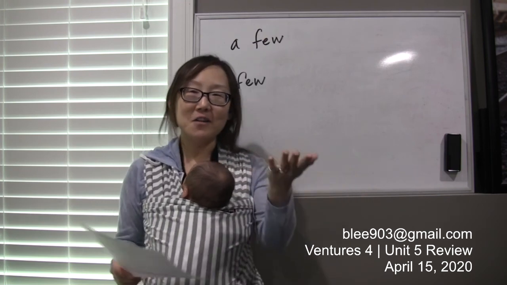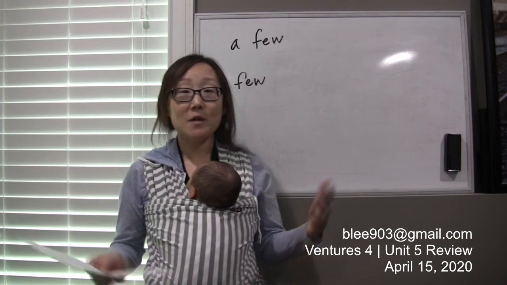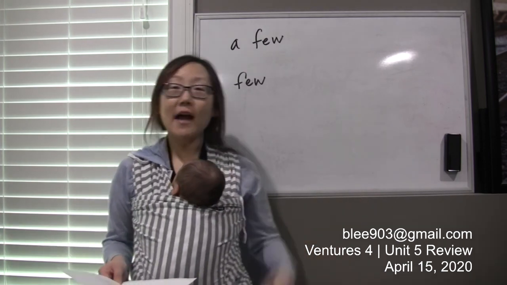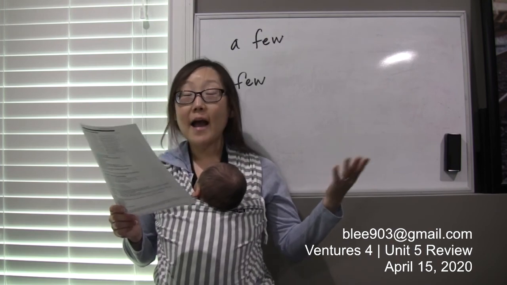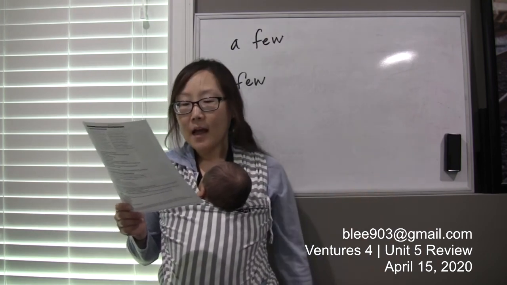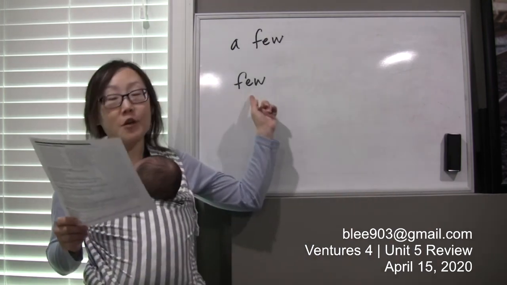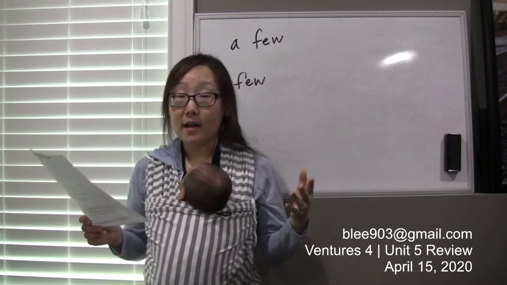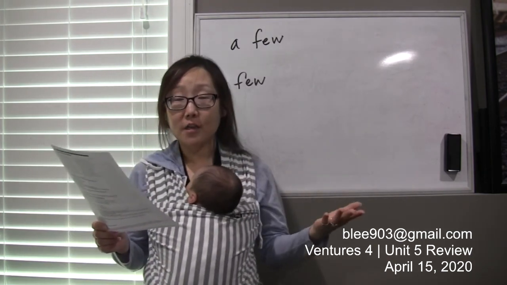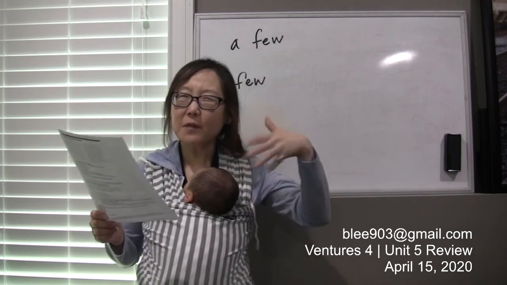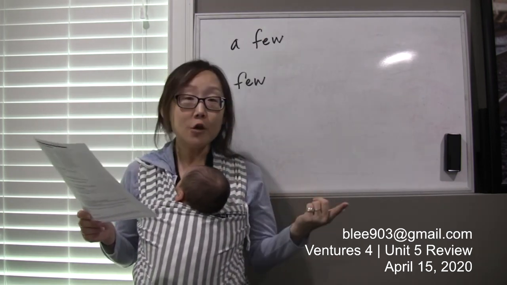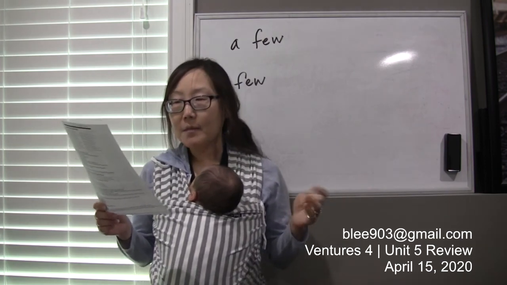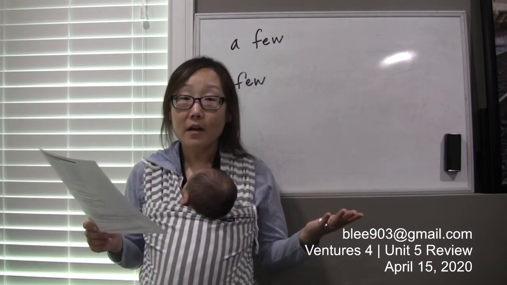Now, as you know, because of the coronavirus, everyone's looking for face masks. So if you say, I have a few face masks, then it just means that I have some face masks. But if you say few, then it has more of a negative connotation or negative meaning or negative feeling. So for example, if you say, I have few face masks, then it means I don't have enough face masks.